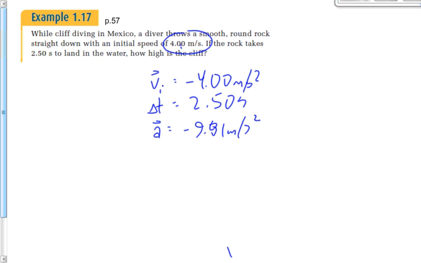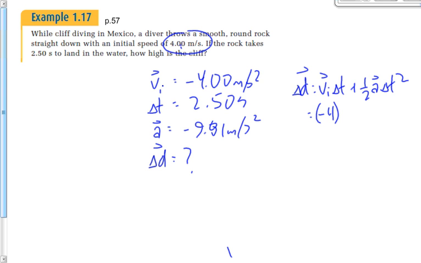We want to find the displacement of this rock. Let's say D is equal to, it's a group B problem, right? It's exactly what we've been doing, except this time the acceleration is -9.81. We always know the acceleration. VI is -4. T is 2.5.